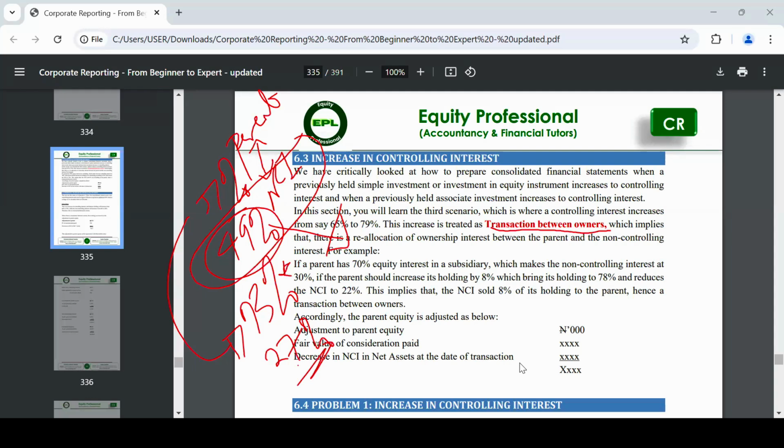They said if a parent has 70% equity interest in a subsidiary, which makes the non-controlling interest 30%, and the parent should increase its holding by 8%, which brings its holding to 78% and reduces NCI to 22%, this implies that NCI sold 8% of its holding to the parent, hence a transaction between owners. Okay? I want to believe that is straightforward.